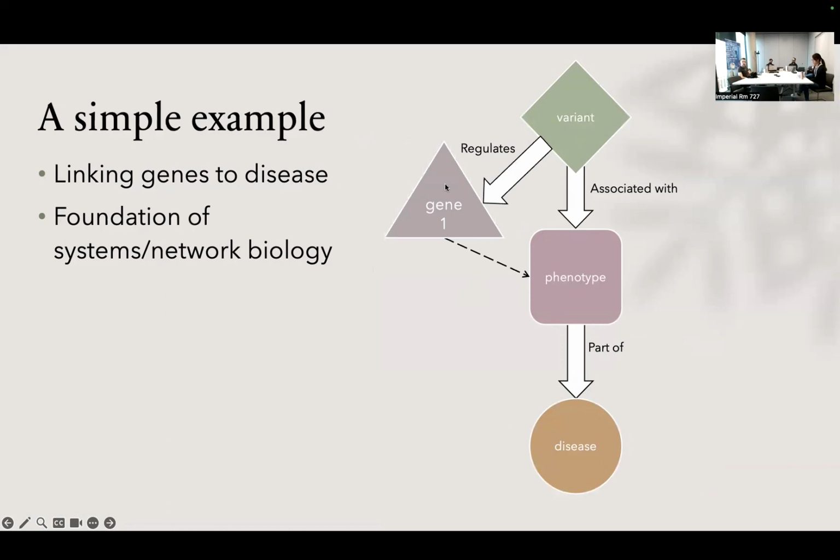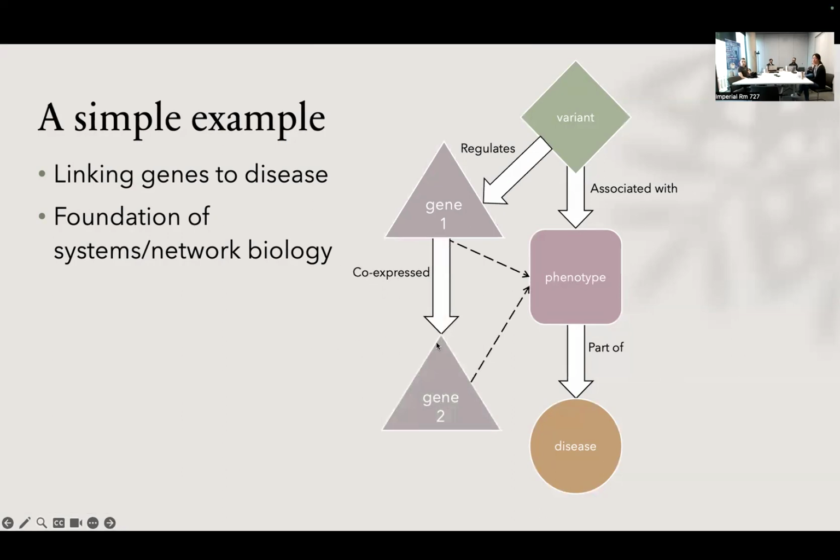And so you have this other connection here where the variant is known to regulate a gene through being an enhancer or something like that. That's some piece of information that's previously published, it's validated, and so we can draw that connection. And as a consequence, we can also start making indirect connections between that gene and the phenotype, and even the gene and the disease.